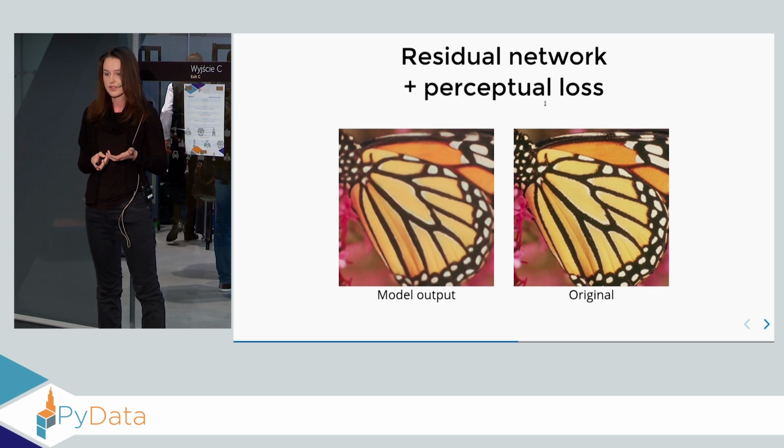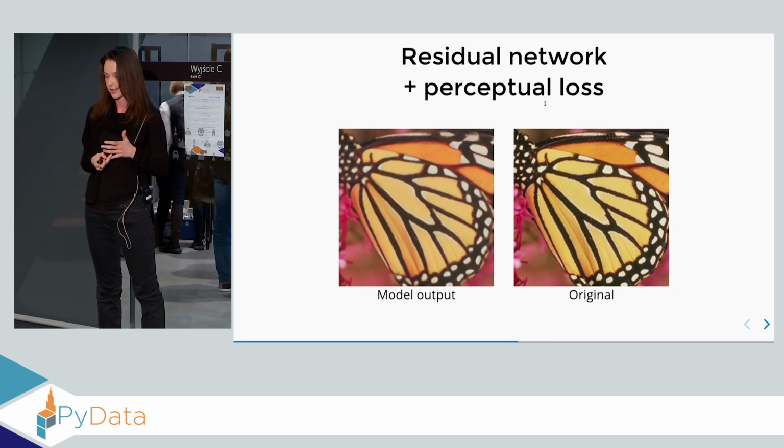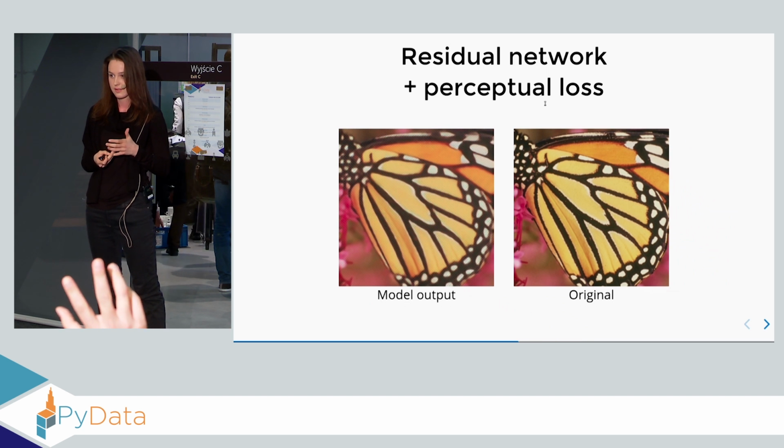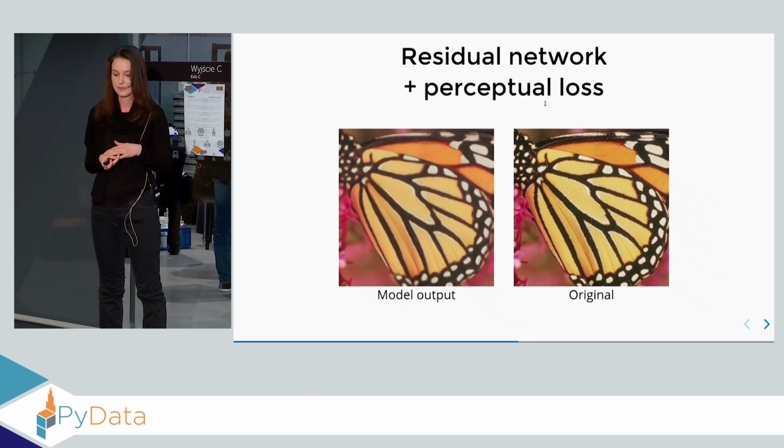Well, so how can you justify this method in a paper? Has anyone heard of the mean opinion score metric? Okay, so it's a metric that uses just people's opinion.